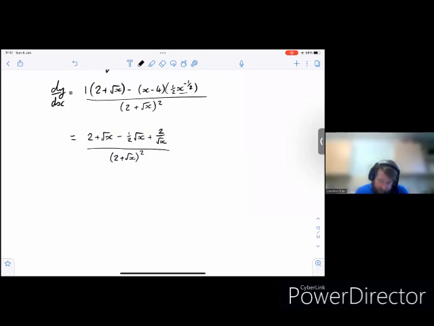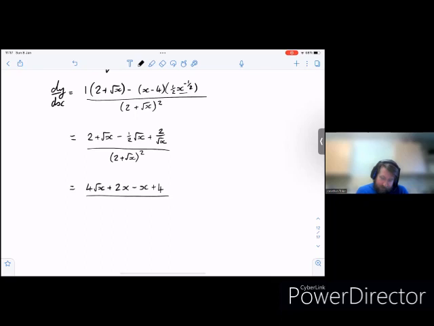So that top, let's multiply the top and bottom by 2 root x to simplify that numerator. So if I multiply the top by 2 root x, we get 4 root x plus 2x minus x plus 4.